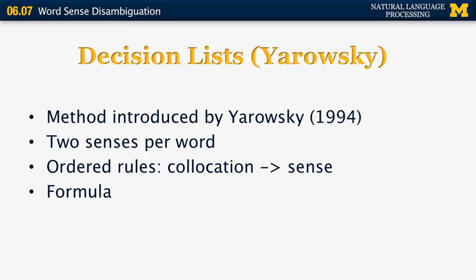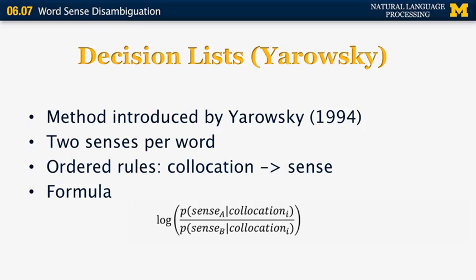We have log of the probability of sense A given collocation i divided by the probability of sense B given collocation i. So since it's a decision list method, we have to sort those rules by this formula. And then whenever we have a new instance of an ambiguous noun, we're going to go through the list and pick the first item starting from the top that matches, and then label the word accordingly, and then stop.